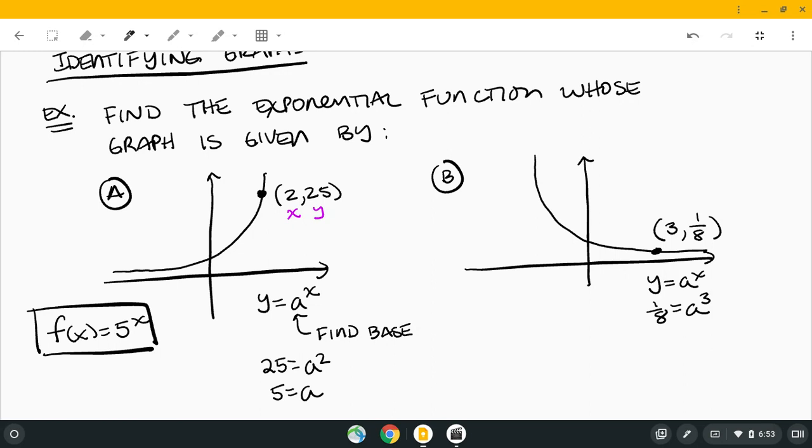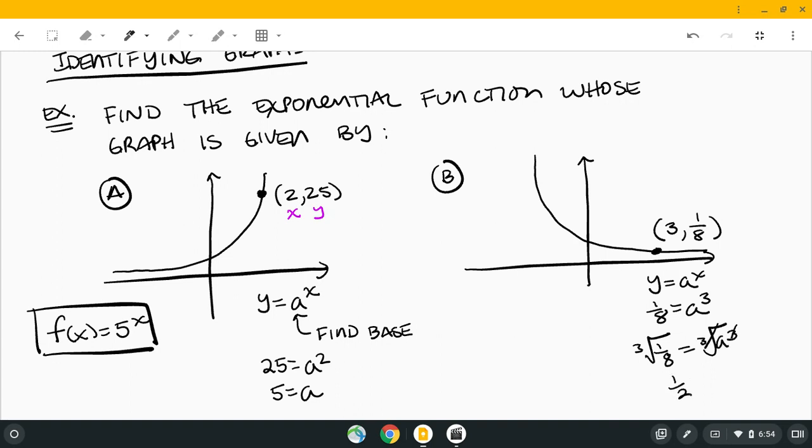Another way, once you set up like this, if you feel like you need some sort of process for doing this instead of intuition, and by looking at this, if it's not obvious to you, then you go ahead and solve for a. You have to get rid of that cube, right? If you can't see that it's 1/2, then go ahead and take the cube root of both sides.